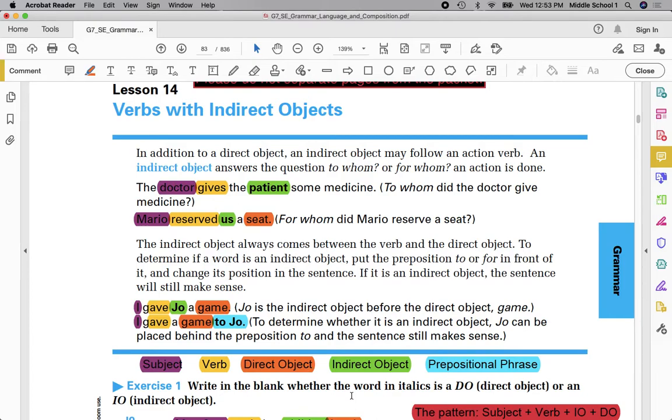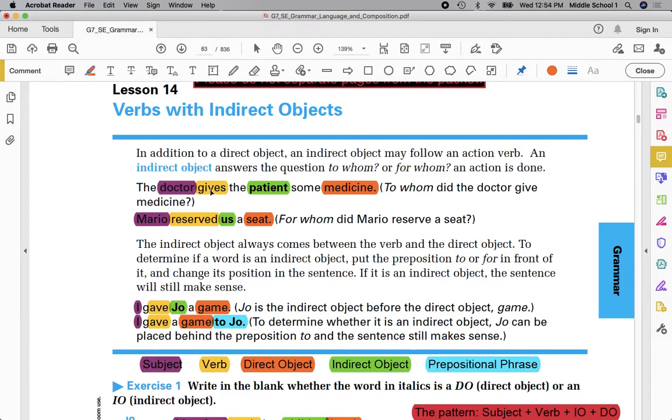Top of the page once again. The doctor gives the patient some medicine. Now, as I'm looking at my different parts, the doctor gives what? Does the doctor give patient? No, the doctor gives medicine.